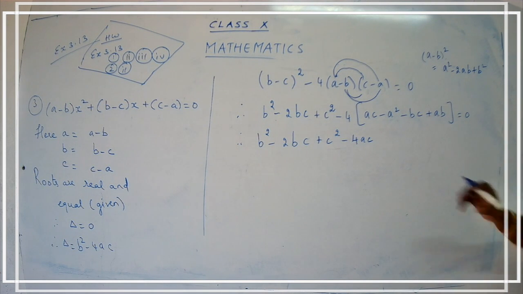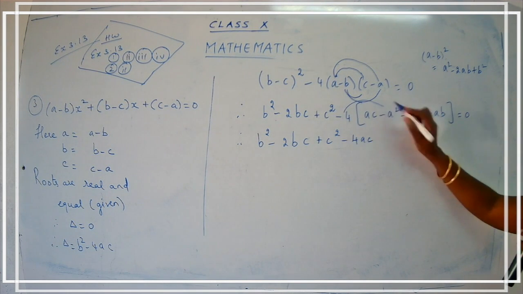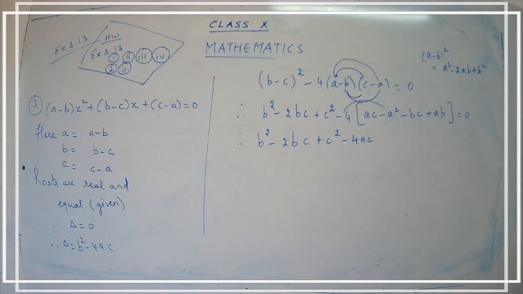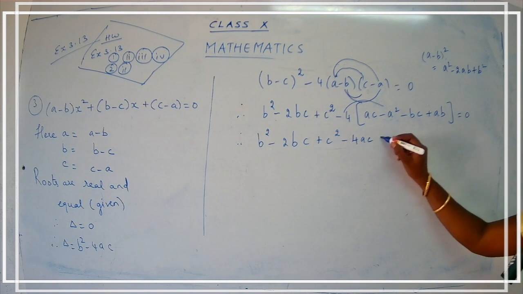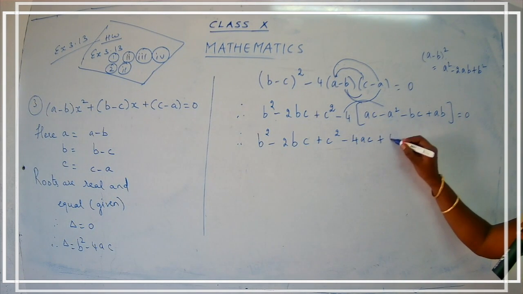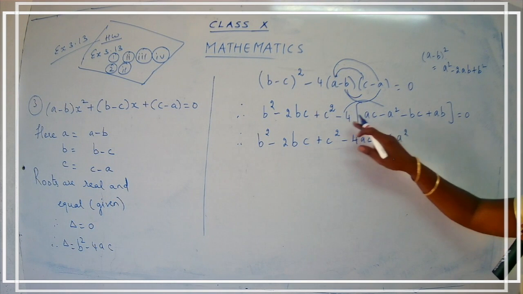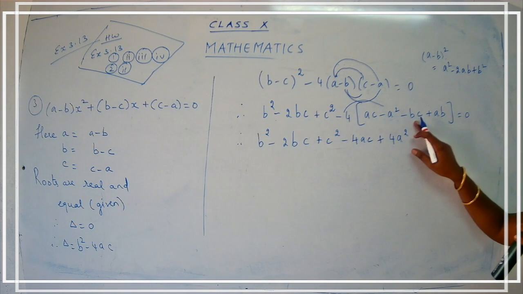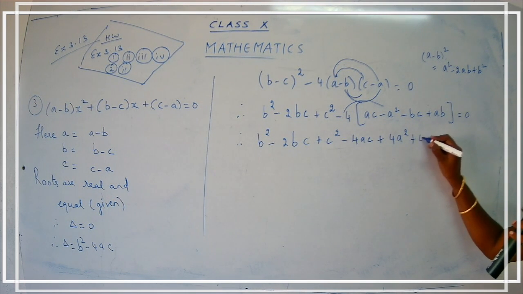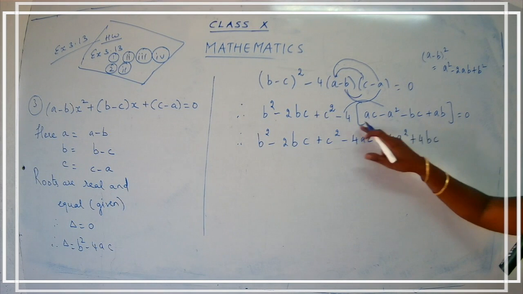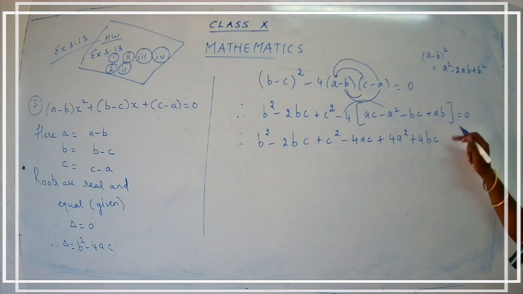Next, minus 4 into minus a square is plus 4a square, minus 4 into minus bc is plus 4bc, minus 4 into ab is minus 4ab, is equal to 0.